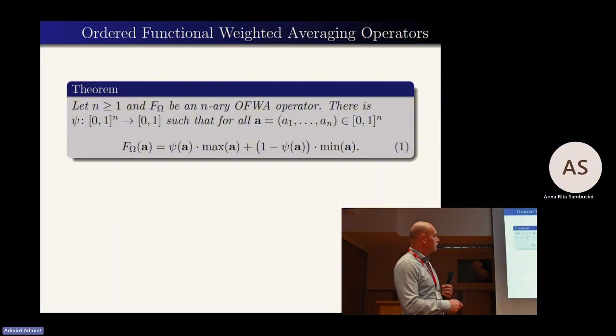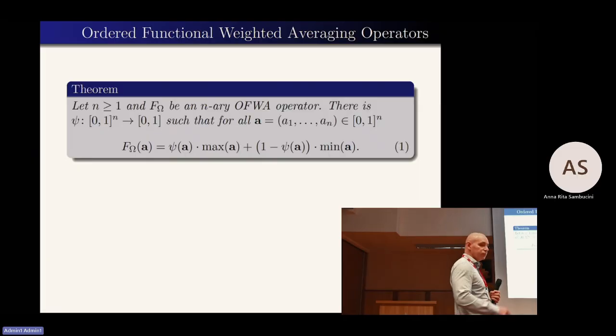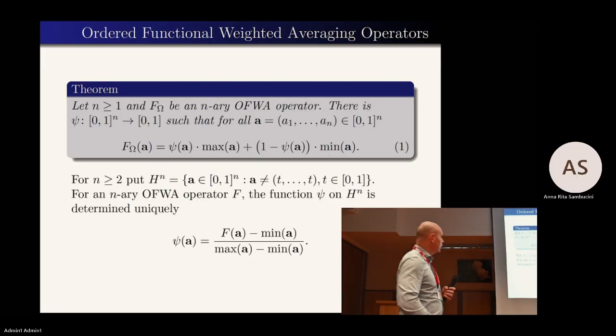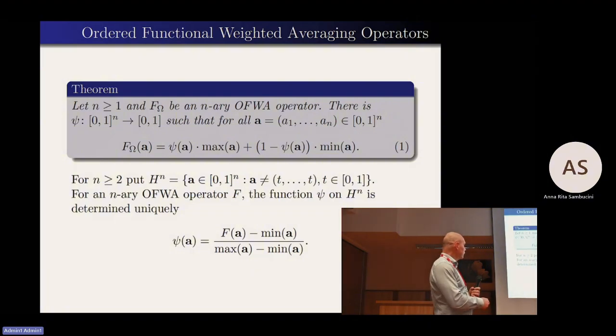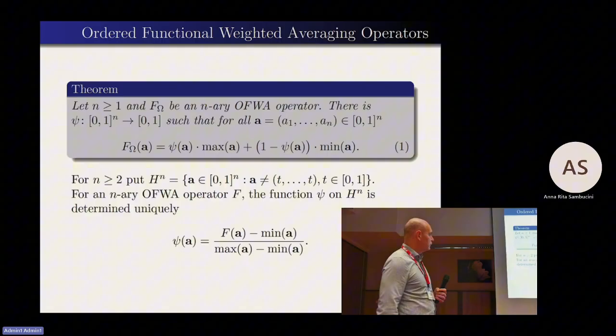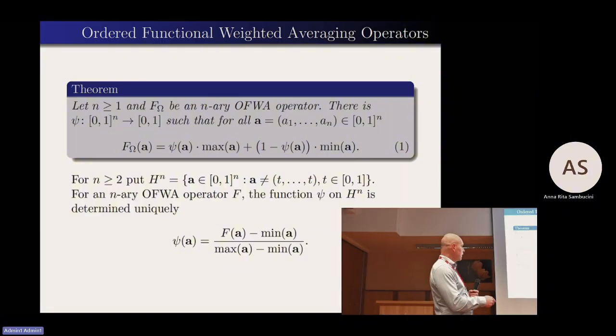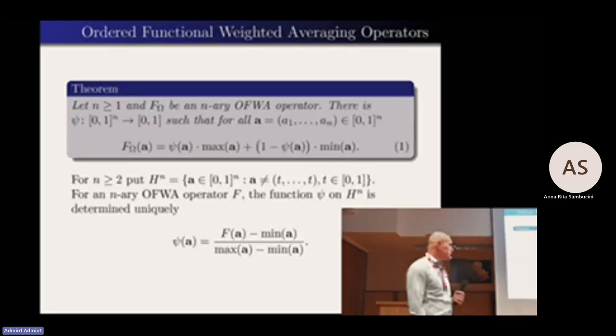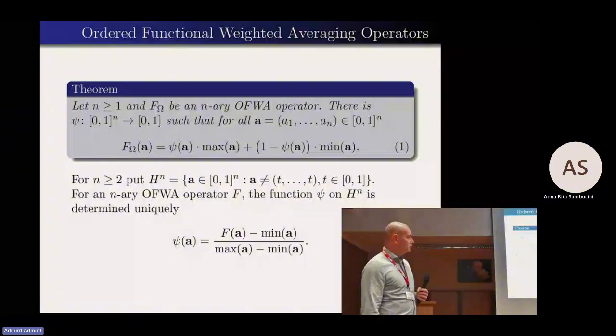In this case, we obtain this representation of each intermediate function. And as you can see, if we consider the unit cube without the diagonal, then this weighting function is uniquely determined with this formula. Yes, this is not so difficult to show.